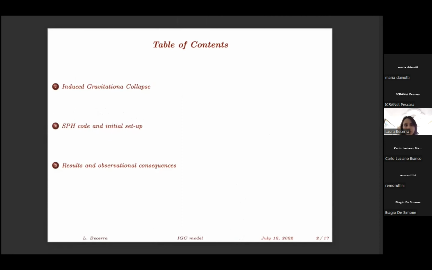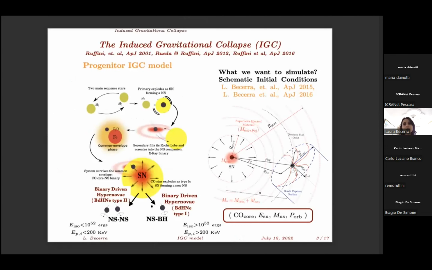So the induced gravitational collapse model was introduced to point to a binary origin for the GRBs, with the long GRBs associated with supernovae of type Ib and Ic. The progenitor of this model is a binary of two main sequence stars.